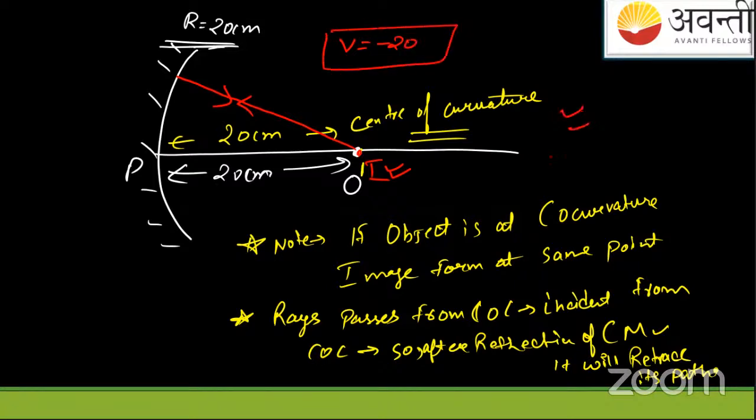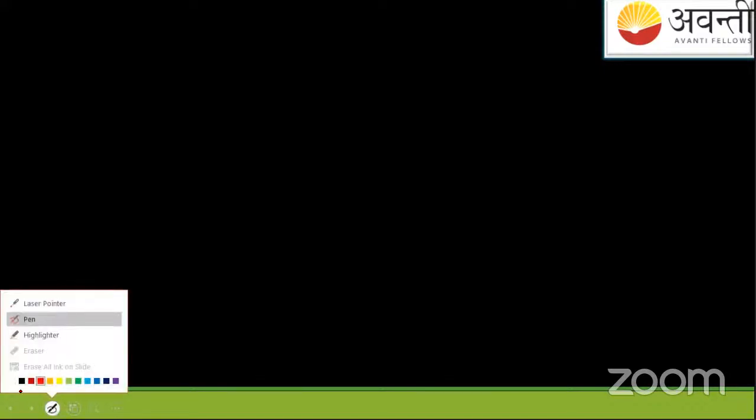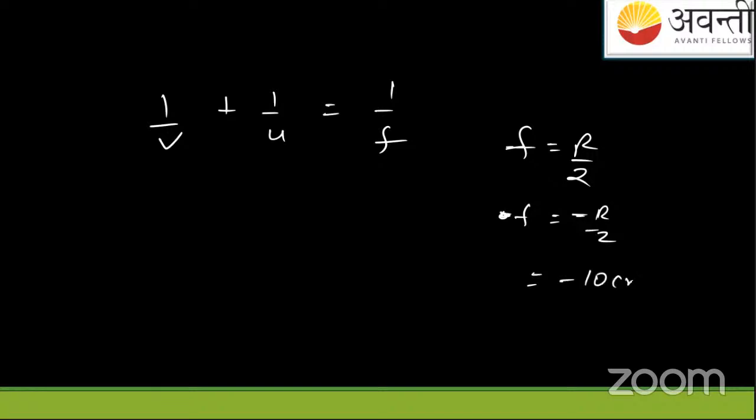If you want to cross-check this mathematically, use the mirror formula, 1 by v plus 1 by u equals 1 by f. The focal length is r by 2. For a concave mirror, measured from the pole, f is negative, that is minus r by 2, which is minus 10 centimeter.